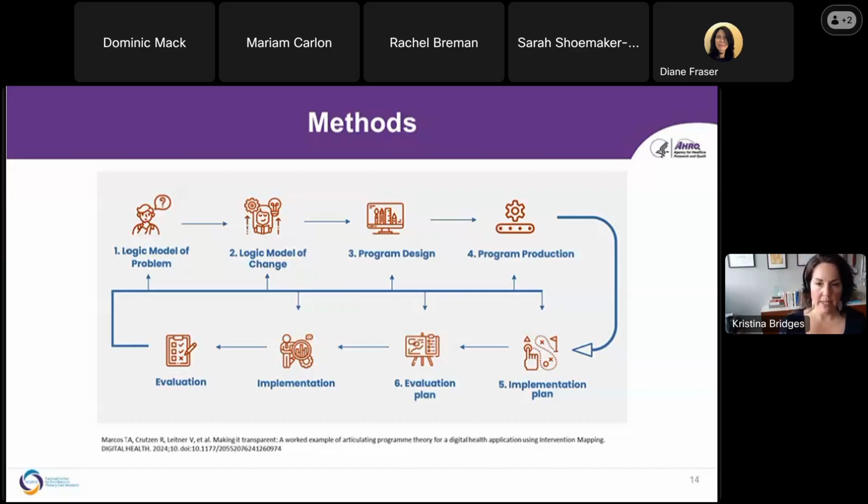Then in AIM2, we continue on to step 2 of the intervention mapping process as we prioritize the healthcare gaps that we want to act on first and create a logic model of the problem. And then steps 3 through 6 of intervention mapping are in our AIM3, where we'll collaboratively design an intervention, implementation plan, and an evaluation plan that utilizes our dashboards as a way to measure our progress.